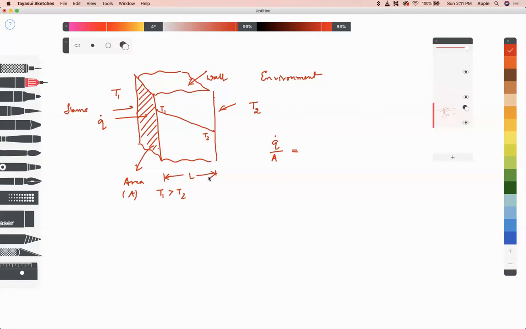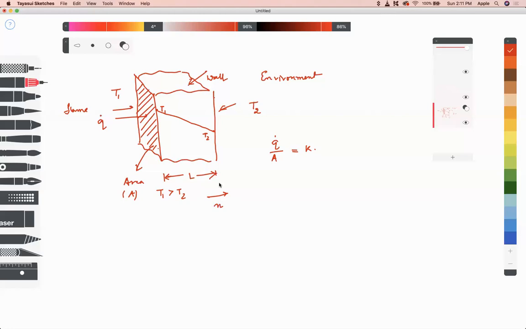So over the length L, the temperature is decreasing. Sometimes people take it as L, sometimes as the thickness of the wall, which is a small t also. Whichever suits you, you can take, not an issue. So this is equal to K into, in this case, we are choosing a random direction, it may be X, Y, Z, I don't care.